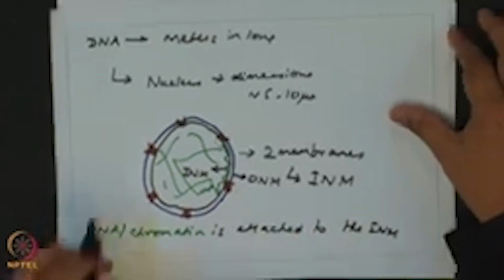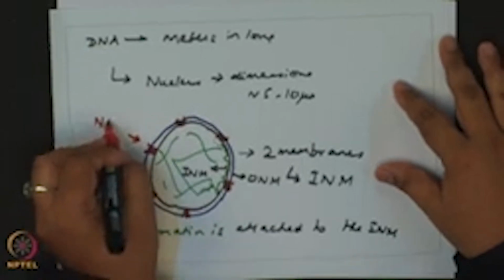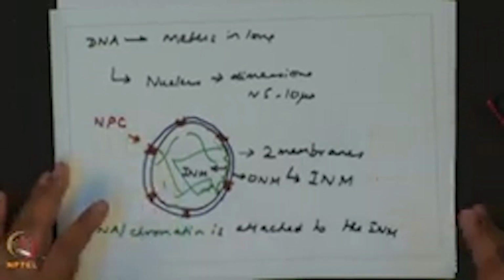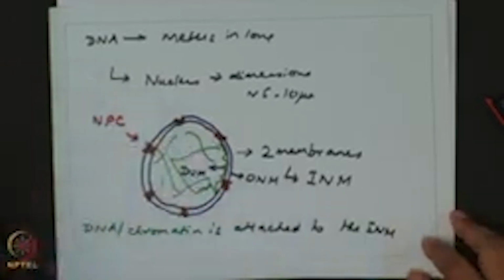And what I have drawn in red are nuclear pore complexes. These are the holes through which proteins can enter and exit the nucleus. Typically proteins which enter the nucleus have what is called a nuclear localization signal. This entry is mediated by proteins like importins, and similarly you have other proteins which mediate the exit.